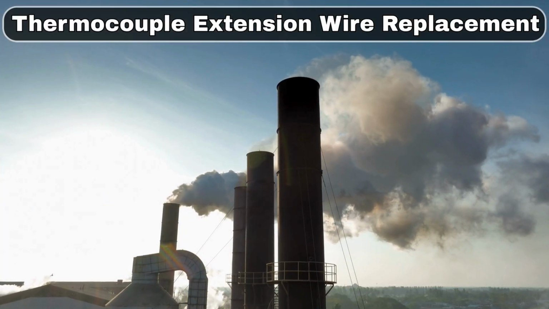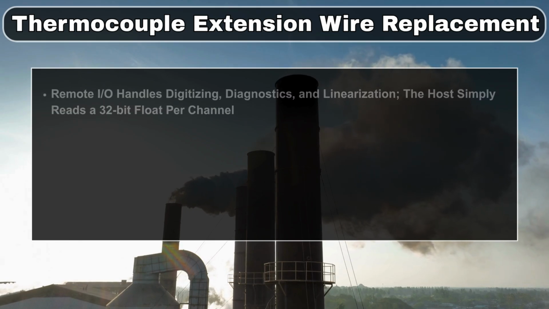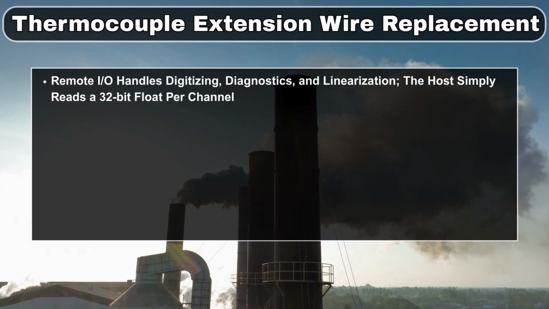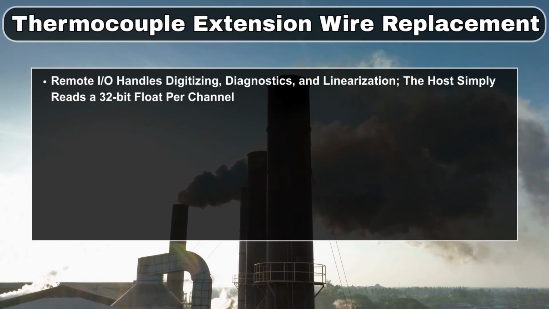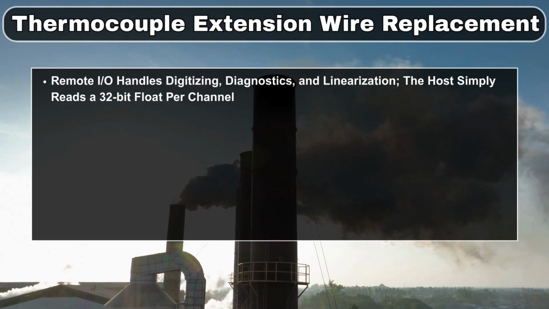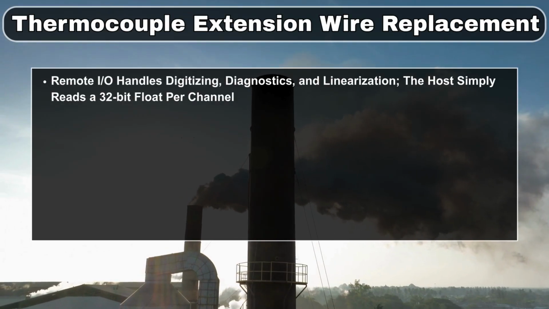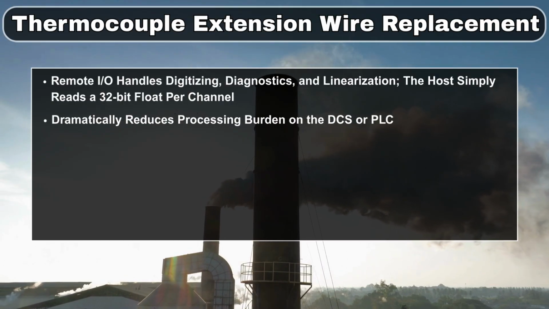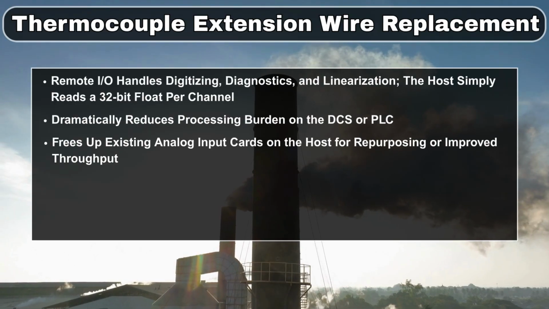Beyond eliminating extension wire, remote I/O brings a number of additional benefits. Each remote I/O unit handles the full measurement cycle, digitizing the signal, running diagnostics, performing linearization, and delivering a 32-bit float to the host. The host no longer needs to perform any of that work itself, which dramatically reduces the processing burden on your DCS or PLC and frees up those analog input cards for other uses.